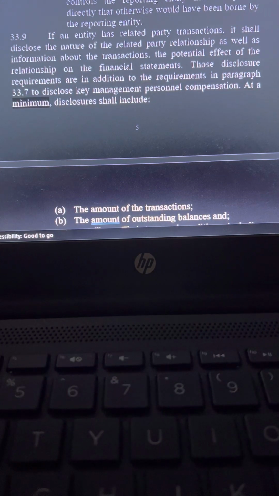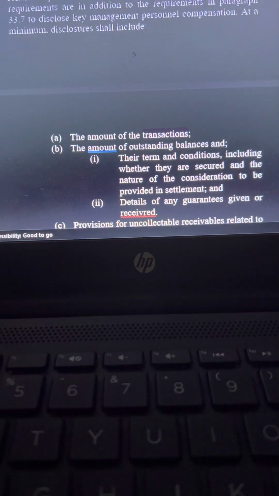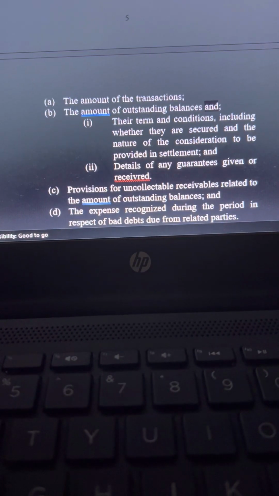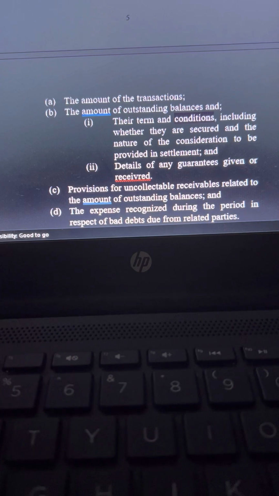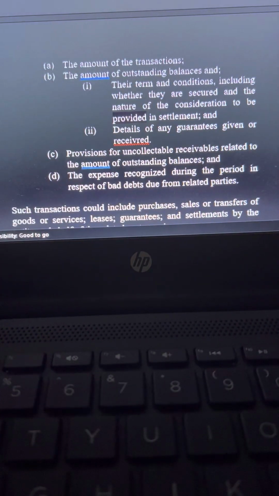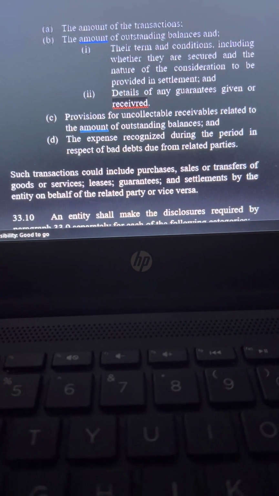At a minimum, disclosures shall include the amount of the transactions, the amount of outstanding balances and their terms and conditions, including whether they are secured and the nature of the consideration to be provided in settlement, and details of any guarantees given or received.